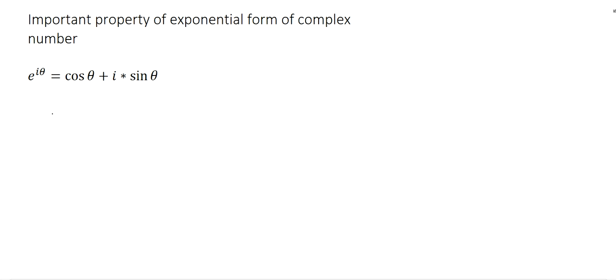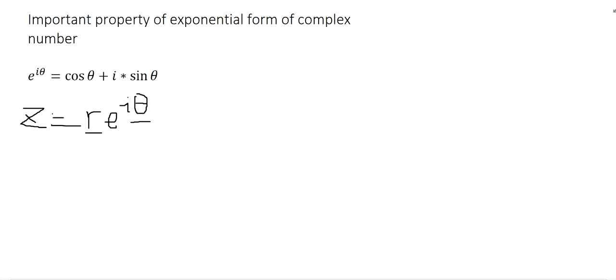Also, at the end of the last video, we talked about the complex conjugate of a complex number expressed in exponential form. The complex number z equals r times e to the i theta. I need to emphasize something here. Theta is measured in radians, and it is a real parameter.